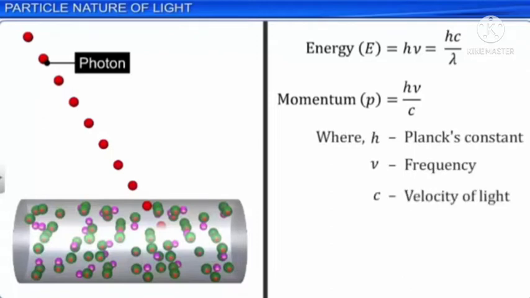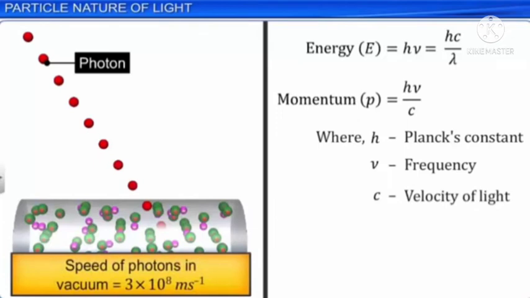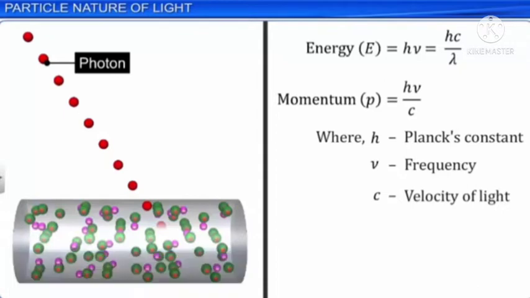All photons travel with the same speed of 3 × 10^8 meters per second through vacuum, irrespective of their frequencies. All photons of light of a particular frequency nu, or wavelength lambda, have the same energy and momentum, irrespective of the intensity of radiation.